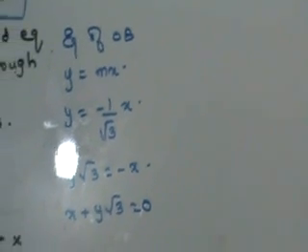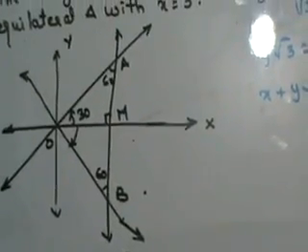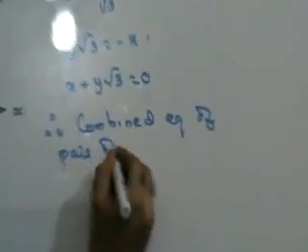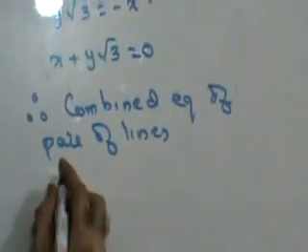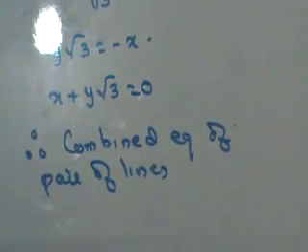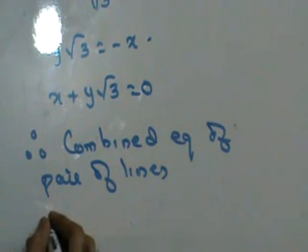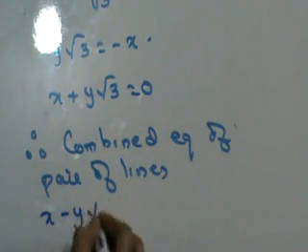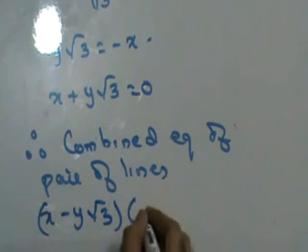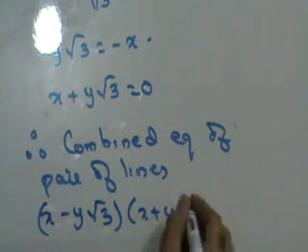We know equation of line OA, we know equation of line OB. Therefore, combined equation of pair of lines will be the product of the two lines. That means, if I multiply the two equations, x minus y root 3 into x plus y root 3 is 0 into 0.